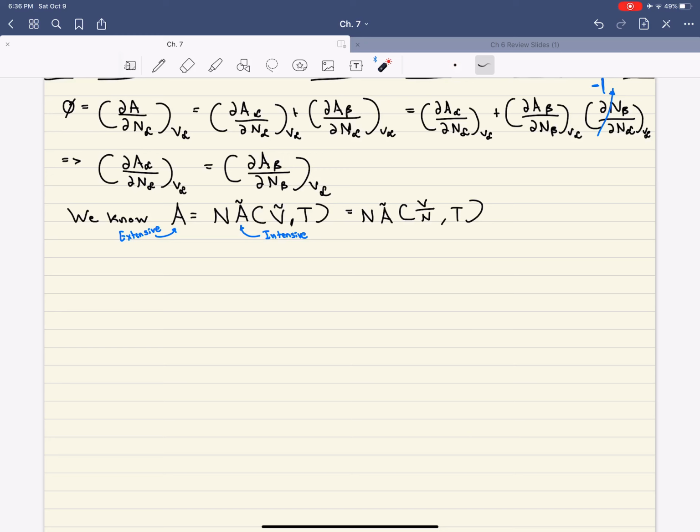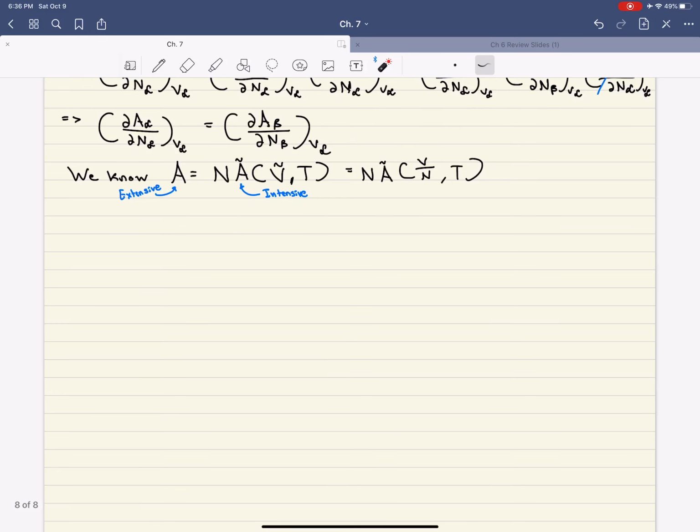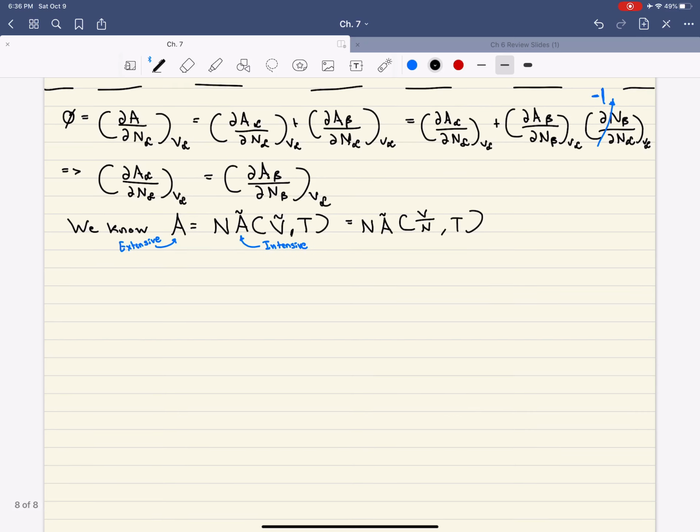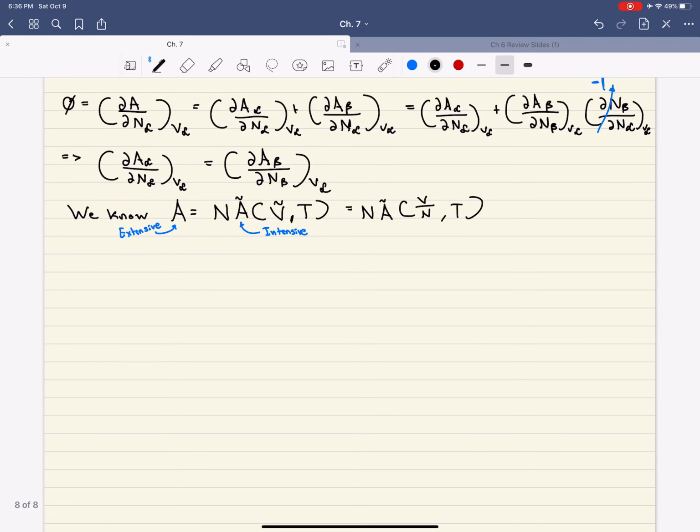All right? And so remember, we were dealing with a constant NVT system here. And so this is our Helmholtz equation. And so if we take the partial derivative of A extensive with respect to N, so N total, at constant volume, what we need to do is apply the chain rule, right?